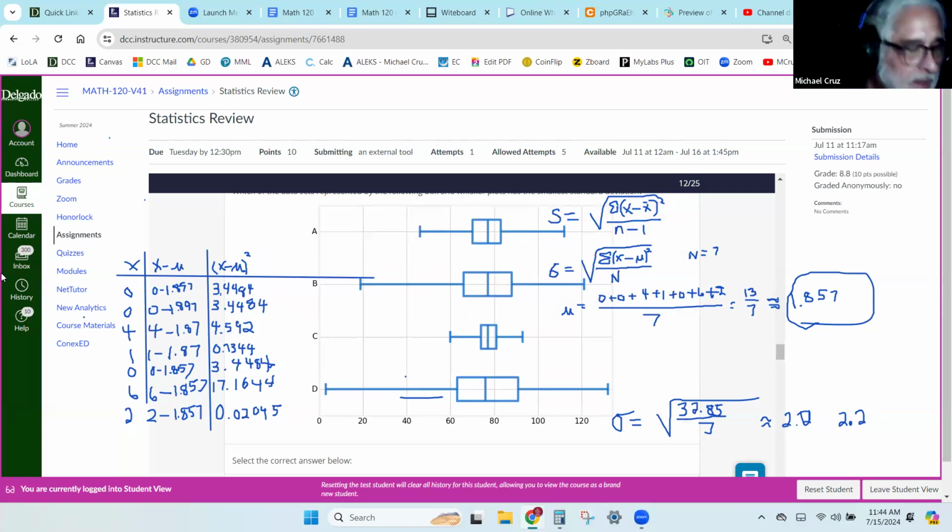For this, just remember it's the same old thing. If the graph is spread out, which is what this is, a box and whisker plot, they call them other things too.